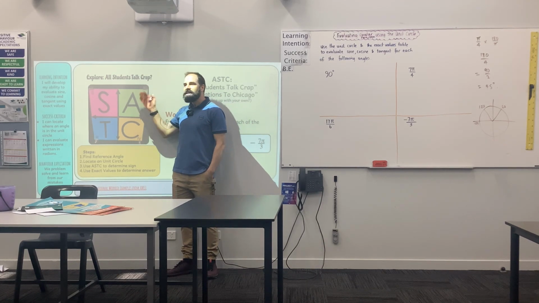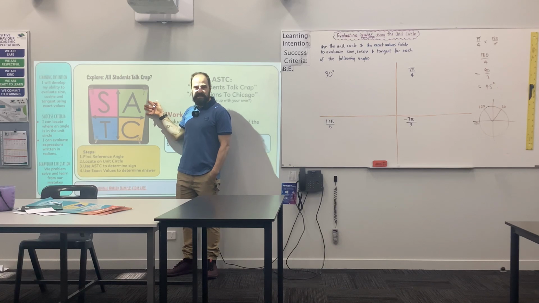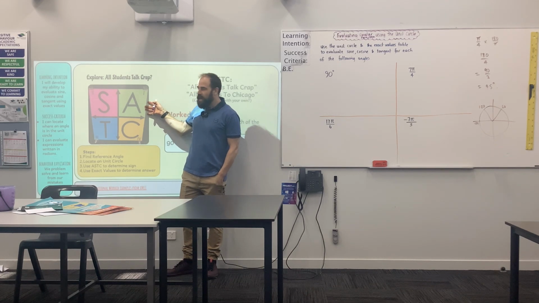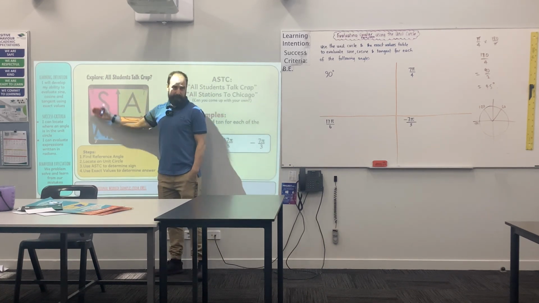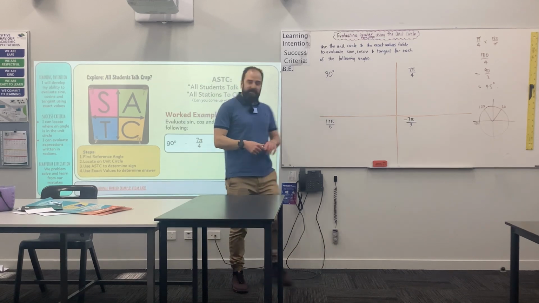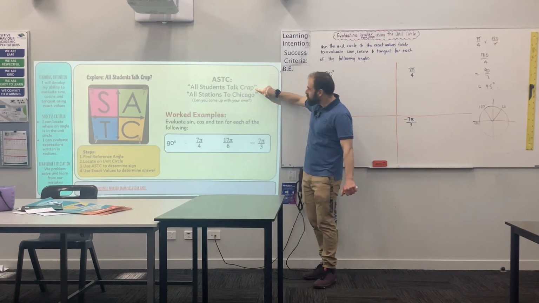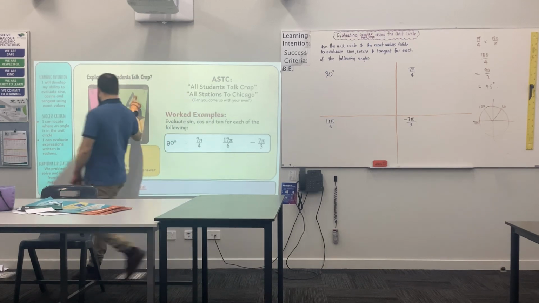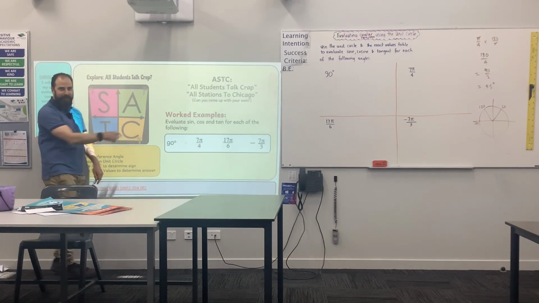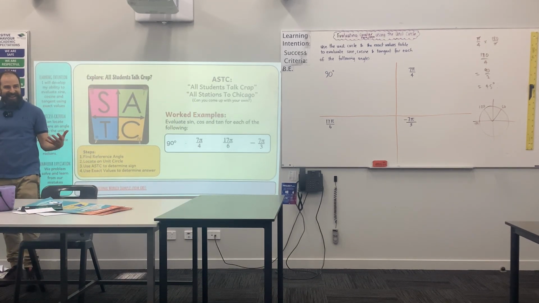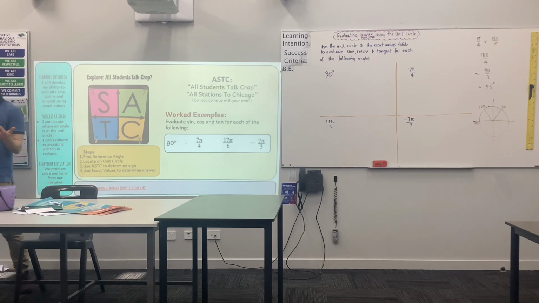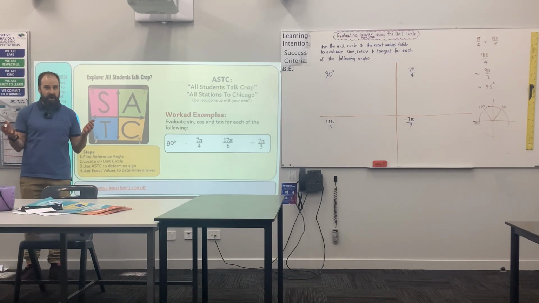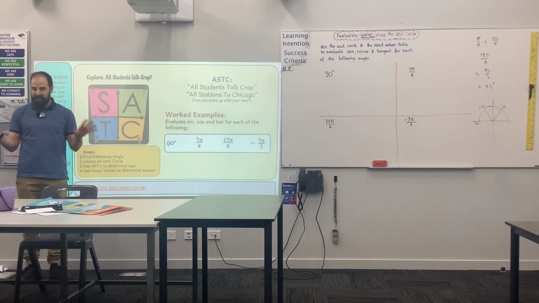All right? It's another thing that we've got to remember with circular functions. So I normally give this a name. The name that I use, because it sticks in my head because it's so true, is that all students talk crap. I don't care how you memorise it. If you come up with some other version in your own mind, that is perfectly fine.